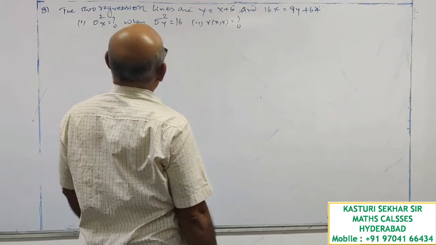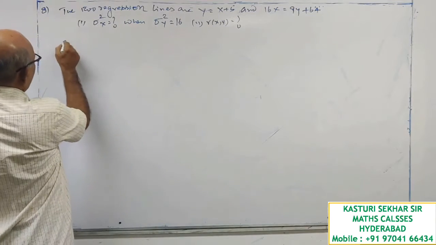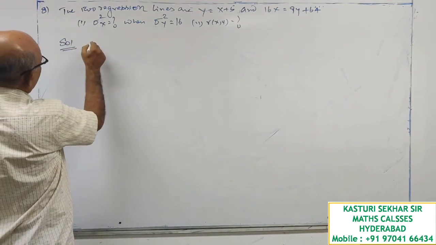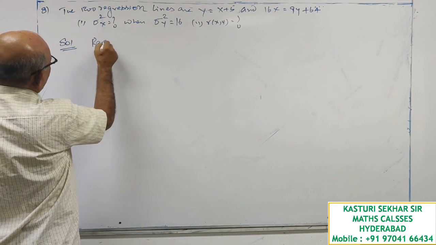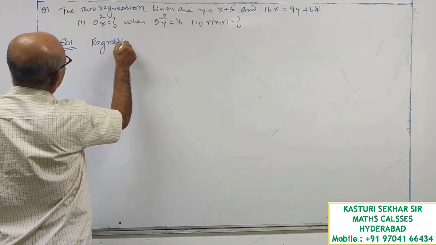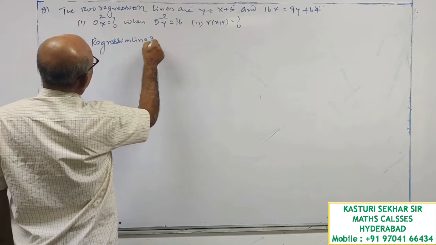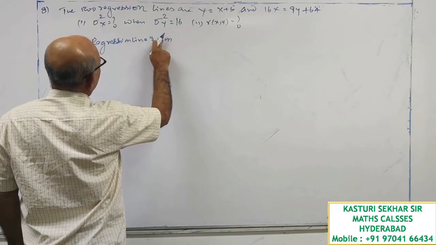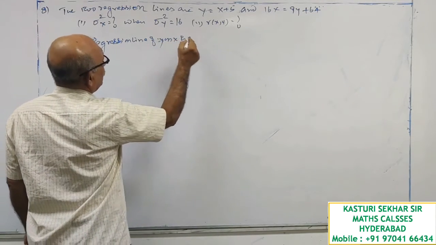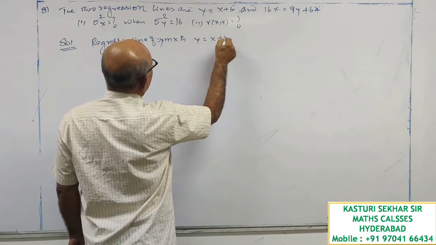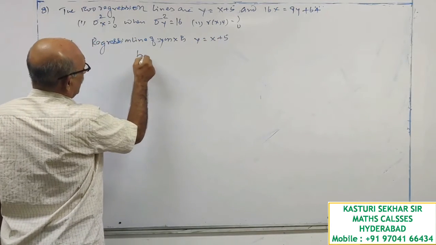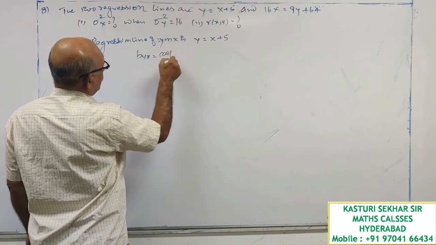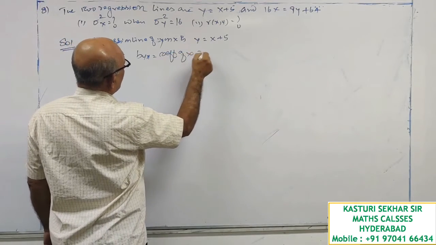Now sir, two regression lines are given. See the solution. The regression line of y on x is y is equal to x plus 5, so byx is equal to the coefficient of x, which is 1.